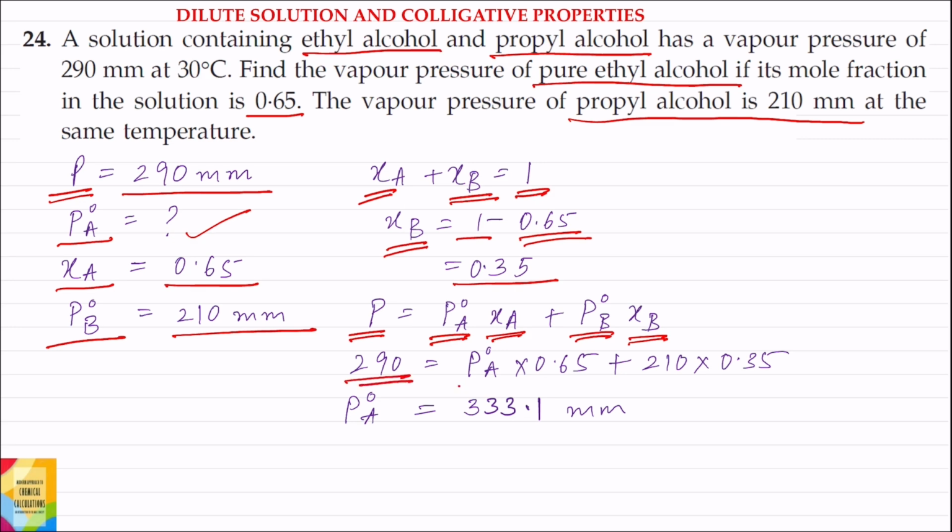Vapor pressure of pure ethyl alcohol, this we have to find out, into mole fraction of ethyl alcohol, which is given as 0.65, plus vapor pressure of pure propyl alcohol, that is 210 millimeter of mercury, into mole fraction of propyl alcohol, that is 0.35. Solving, vapor pressure of pure ethyl alcohol is 333.1 millimeter.